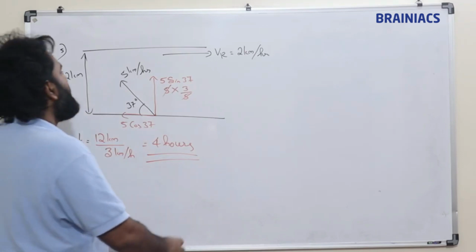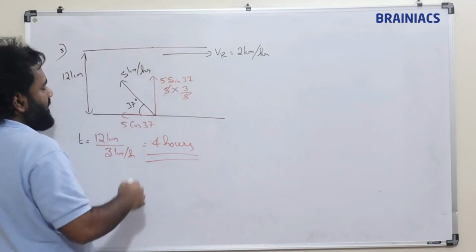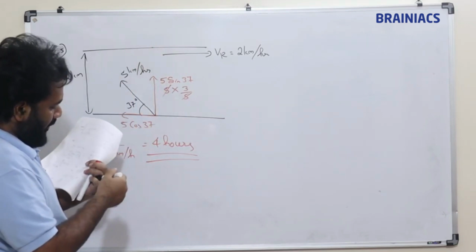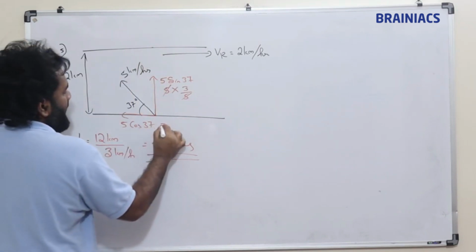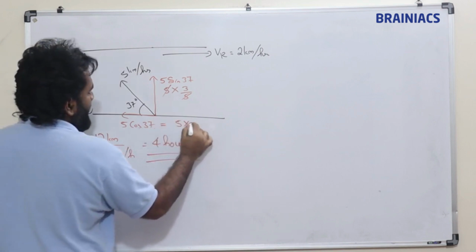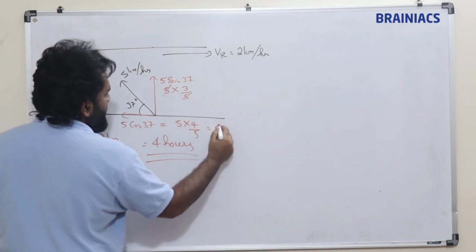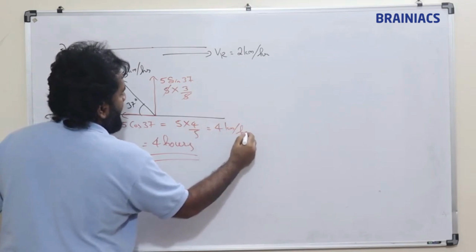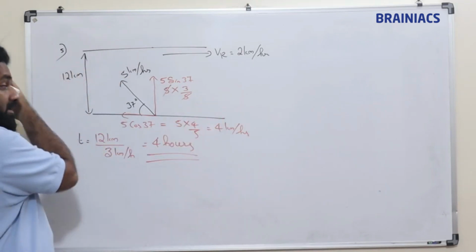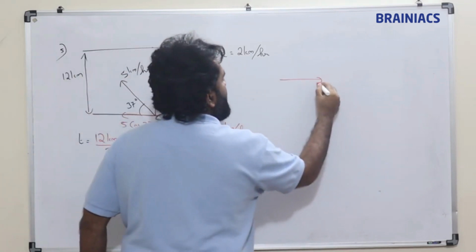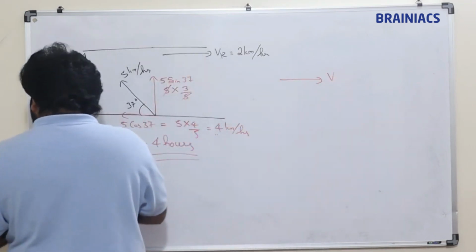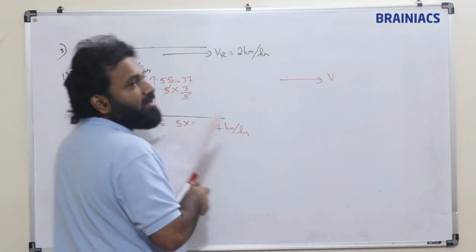Right, now at what point does he arrive on the opposite side? So this is going to be 5 into cos 37, which is what? 5 into 4 by 5. This is 4 km/h. So see children, the river flow is 2 km/h.